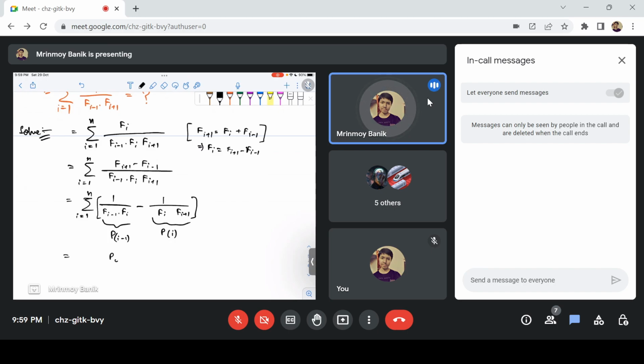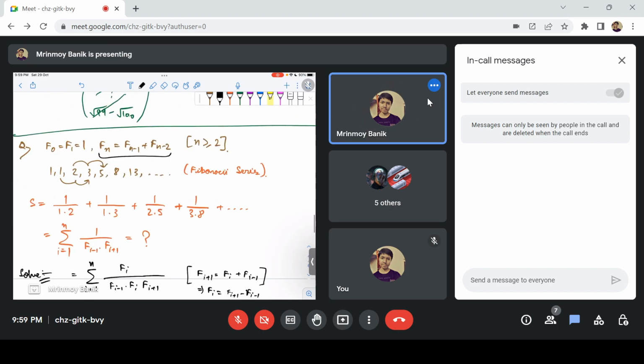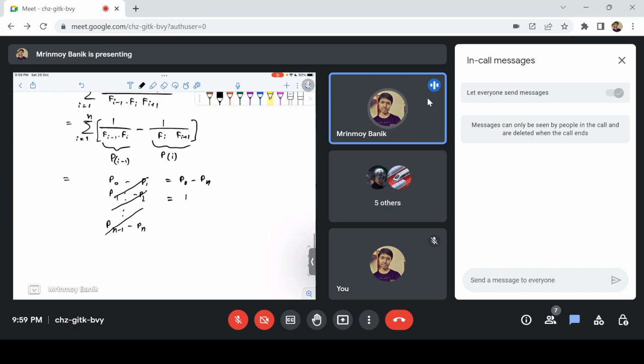So p0 minus p1, up till p_{n-1} minus p_n. So this is p1 minus p2, right? So p0 minus pn. p0 is 1 by f0 times f1, okay.